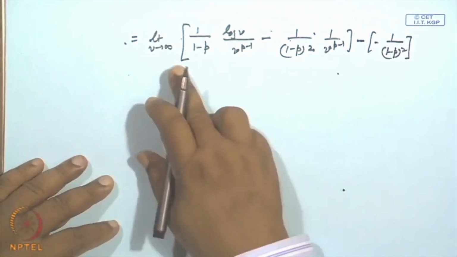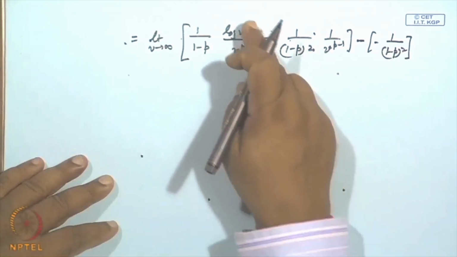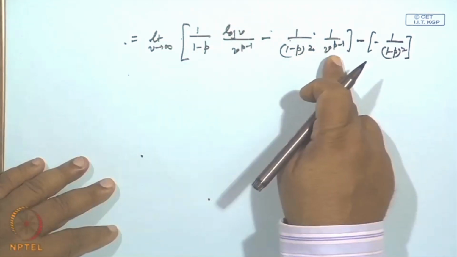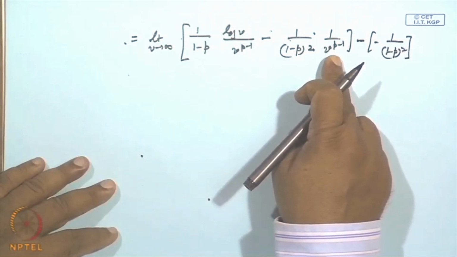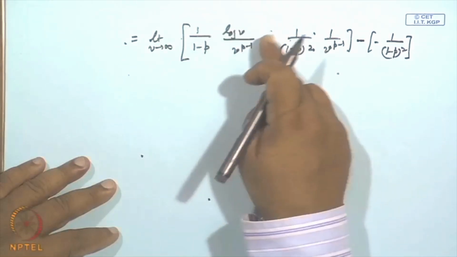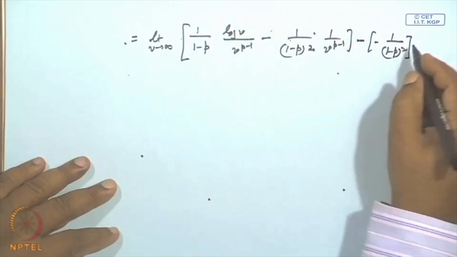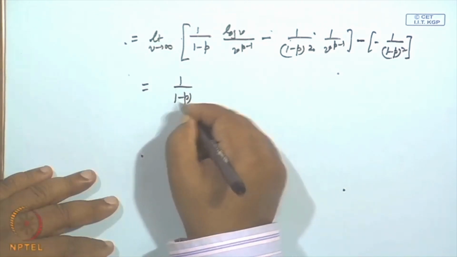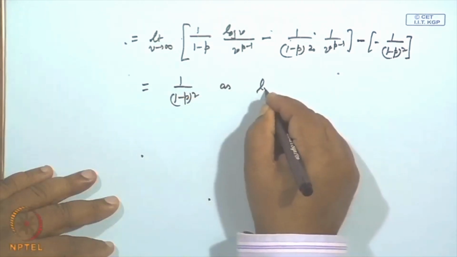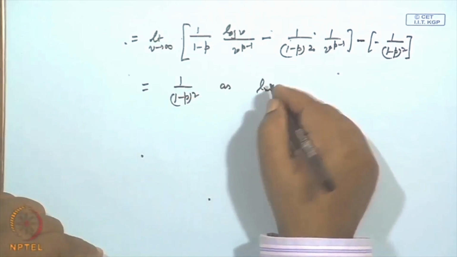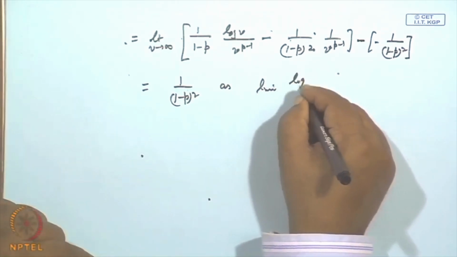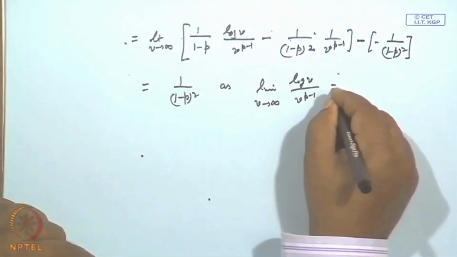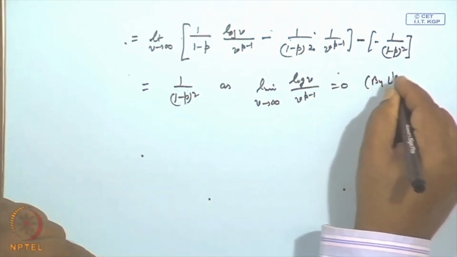So what we get when b tends to infinity, now this part, only the limit of this is required because this will go to 0. So what we claim is the limit of this will be 0. So basically the value will come out to be 1 over 1 minus p whole square, as the limit of log b over b to the power p minus 1, b tends to infinity, is 0 by L'Hospital's rule.